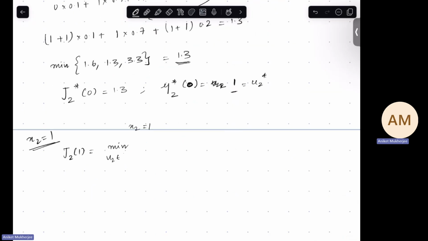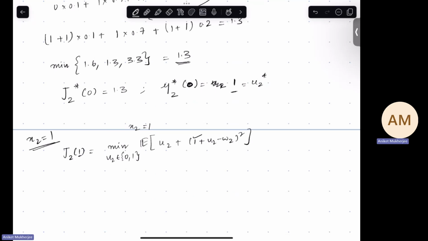So u2 belongs to {0, 1}, and you have expectation of u2 plus 1 plus (u2 minus w2) whole square. Here there is a 1 because your x2 is 1.